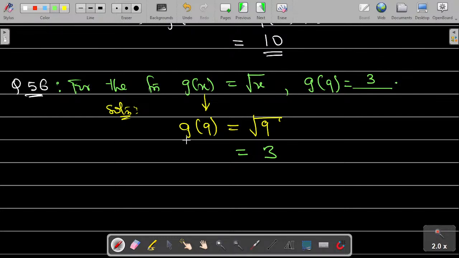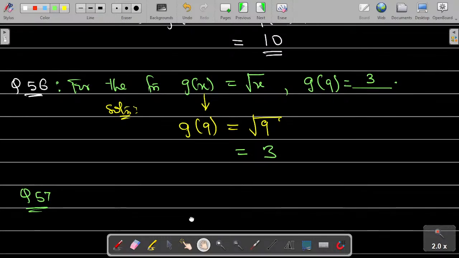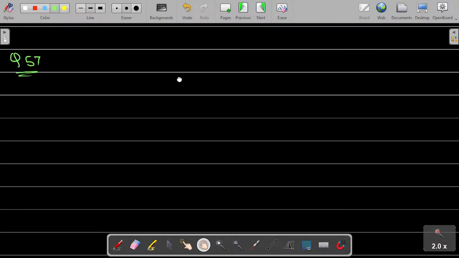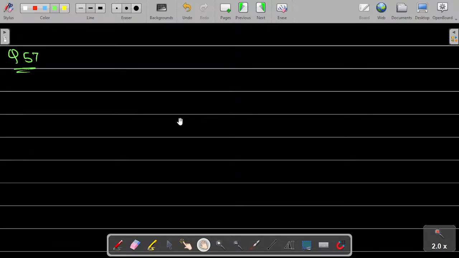Okay, so we go again to number 57. Okay, so let me move up now. So for 57, it says match the description in column 1 with the correct response in column 2. Some choices may not be used.